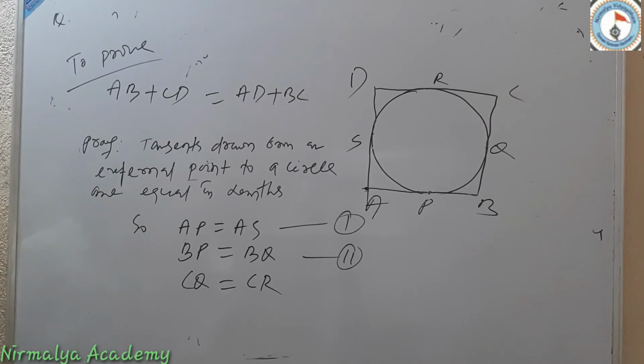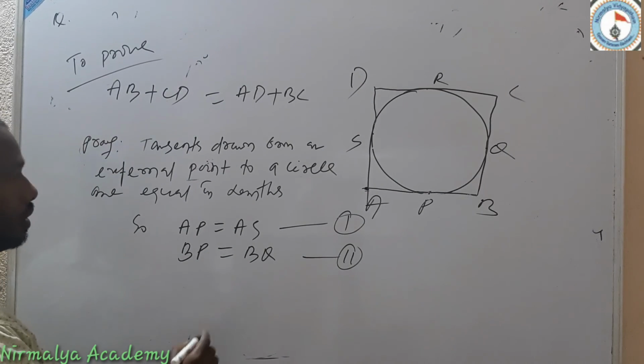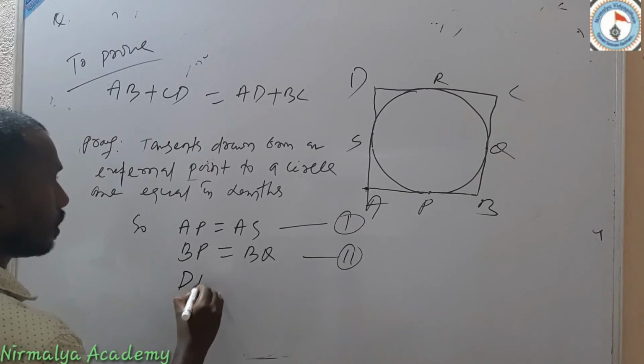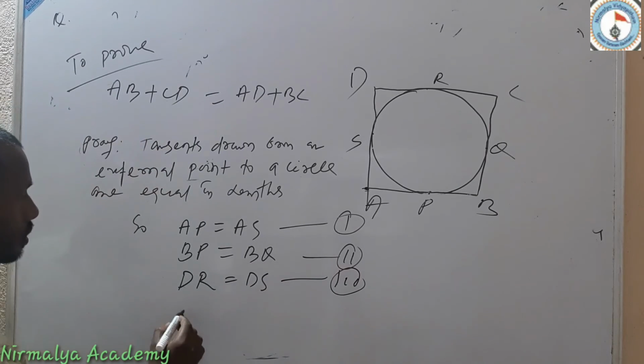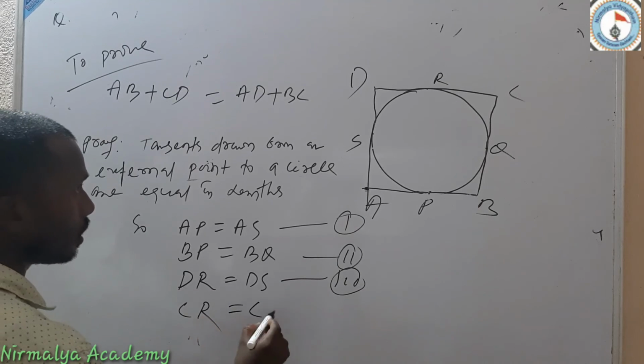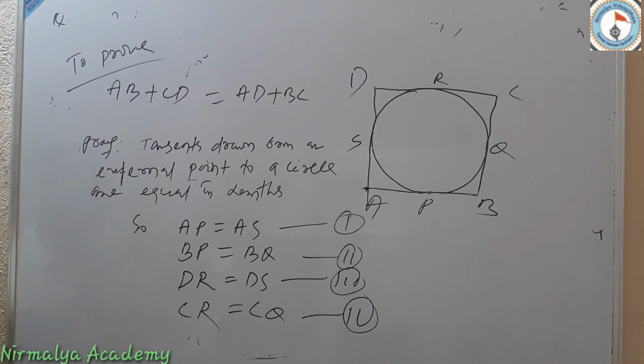In the same way, D is also an external point, so DR equal DS, this is equation 3, and C is also an external point, so CR equal CQ. This is equation 4.